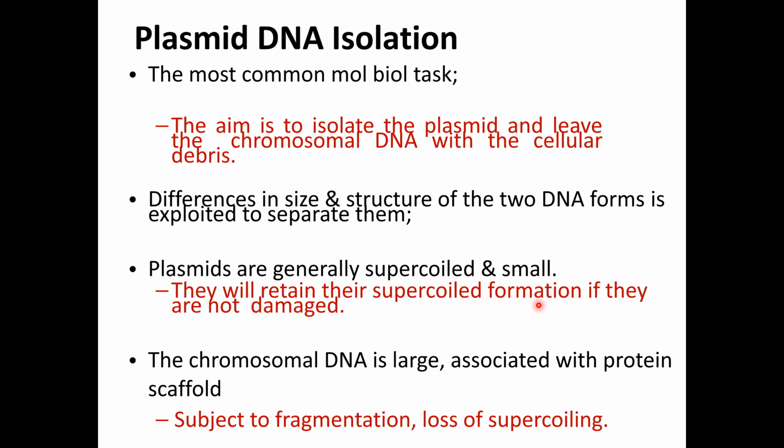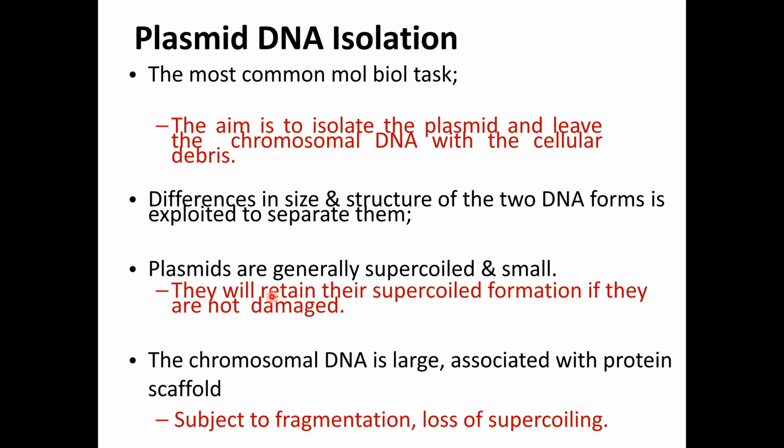For the isolation of your plasmid DNA, the most common goal is to isolate only the plasmid and leave the chromosomal DNA with the cellular debris. The different sizes and structures of the two DNA forms are exploited to separate them.